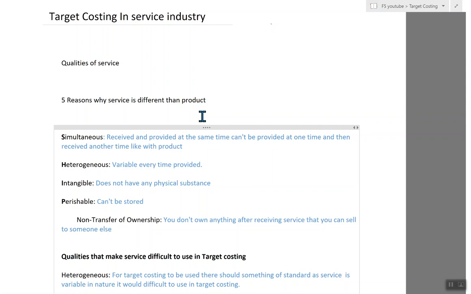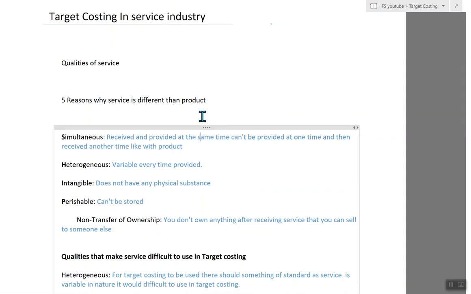So a few years ago, the right answer in the exam would be that target costing cannot be used. But now the right answer is it can be used. Companies are using it, but it is a little bit difficult to use in service industries.